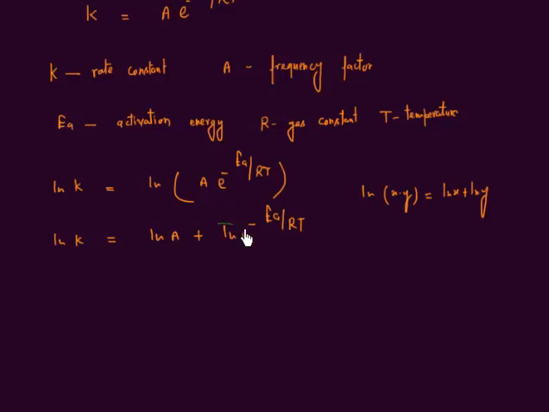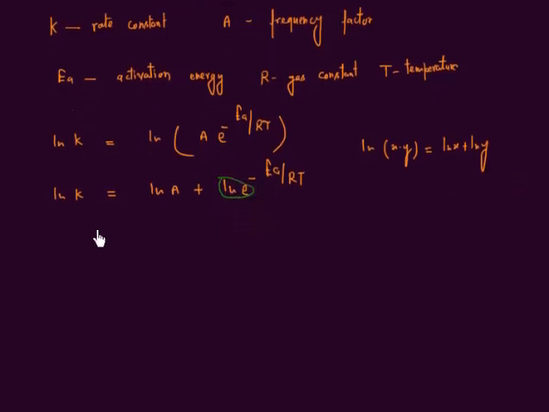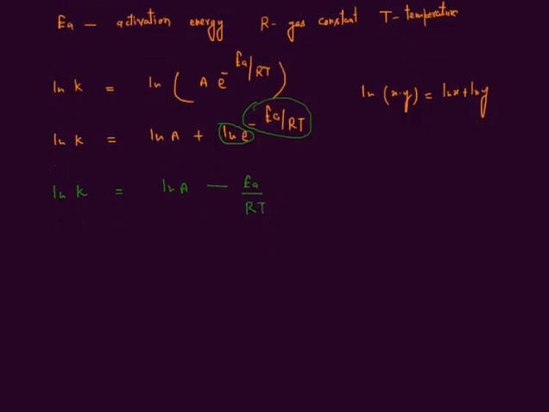Well, ln and e will cancel out, and here's the expression we get: ln k = ln A minus Ea/RT. Well, this is the Arrhenius equation in simplified form, which can be used for a reaction which is taking place at a particular temperature.